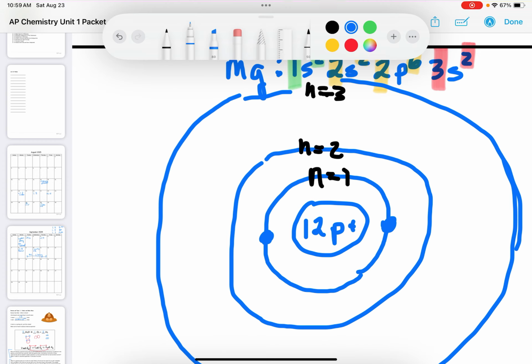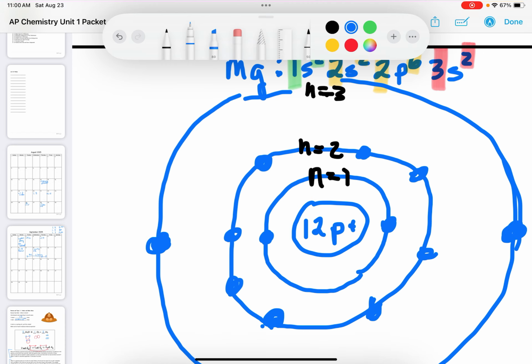And then in the second, there was quite a few electrons. 1, 2, 3, 4, 5, 6, 7, 8. All right, lovely. And then the third energy level, there's only 2 electrons here.